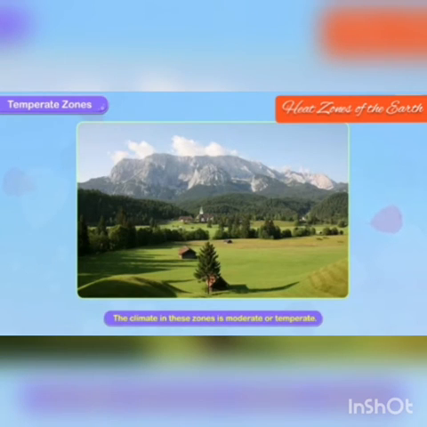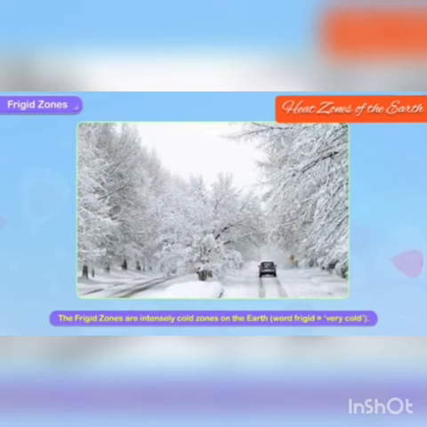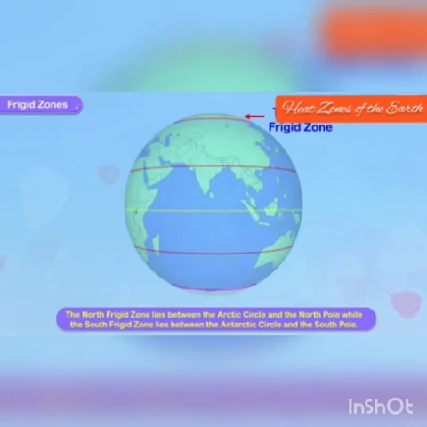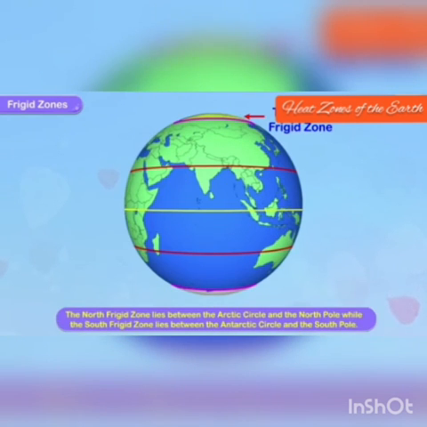Third one is frigid zone. The frigid zones are intensely cold, and these zones receive slanting rays of the sun.